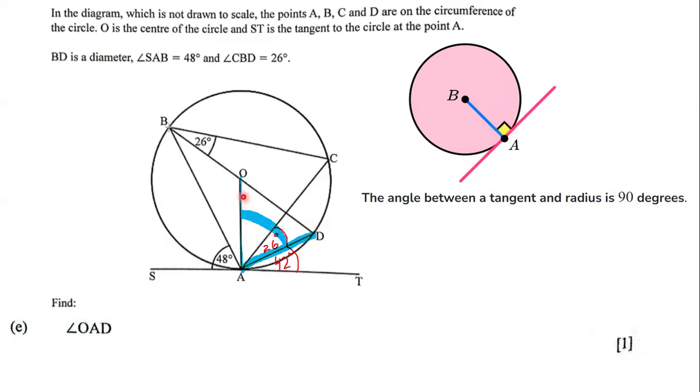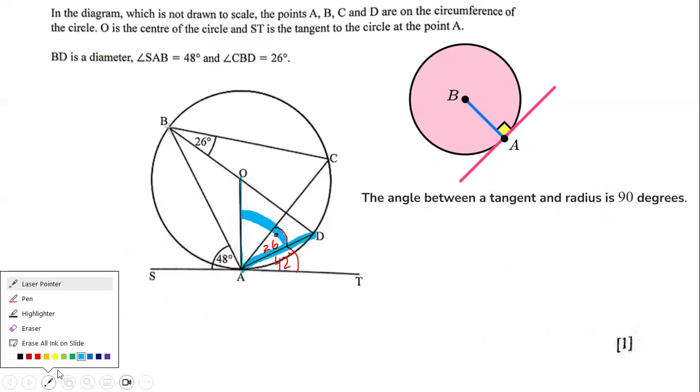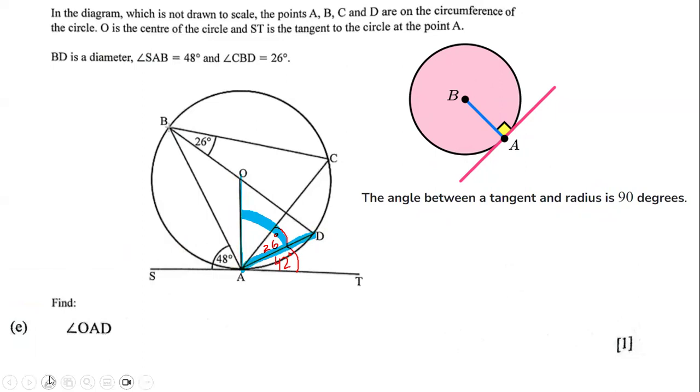This line, OA, is the radius, and this line right here is the tangent. So the angle formed between the tangent and the radius is 90 degrees.